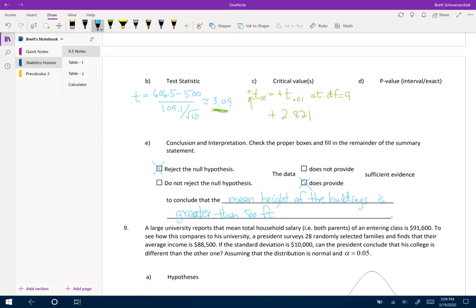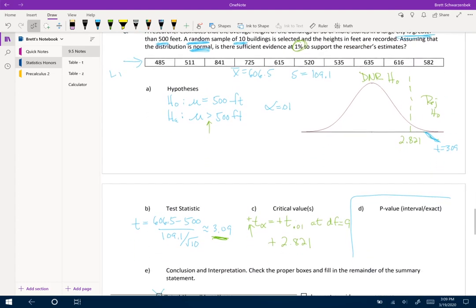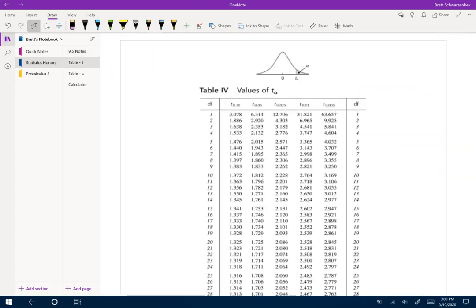Alrighty, so just like before, let's take a peek at this p-value just so we can do a little bit of verifying about this rejection. So in order to find the p-value interval, we must look at our test statistic, which is 3.09, and see where it falls at degrees of freedom equal to, what do we got here, 9. Okay, so degrees of freedom is 9, which is here. So we're looking at these values right here, and we're looking for where our 3.09 falls.